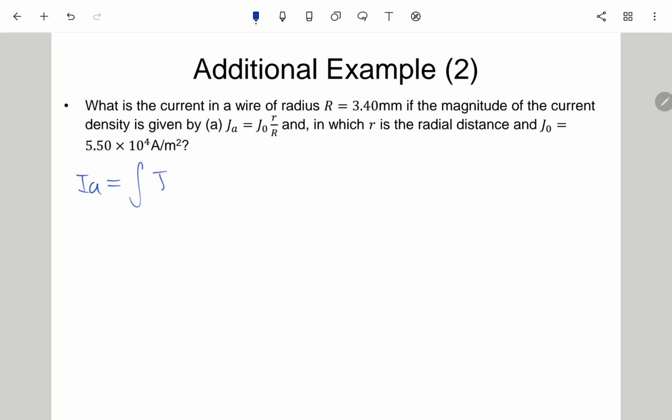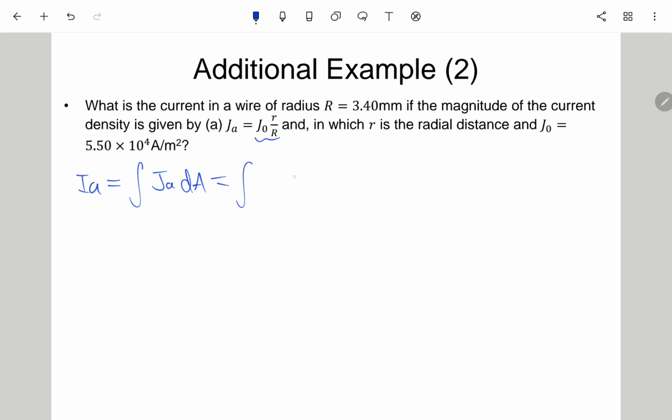So the integration of JA dA, originally should be the J vector dotted with the dA vector. But here we already assume that dA and J point in the same direction. So it becomes JA times dA. Okay, so this is the expression.